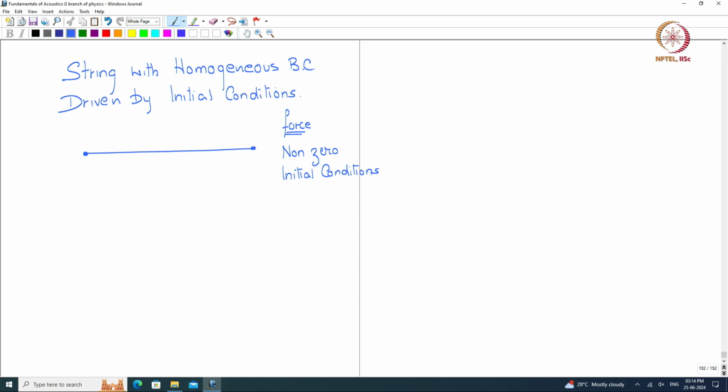So there is a force acting of the form f of x comma t, and then you also have w of x at t equal to 0 is equal to w 0, and w dot of x comma t equal to 0 is w dot 0 of x.